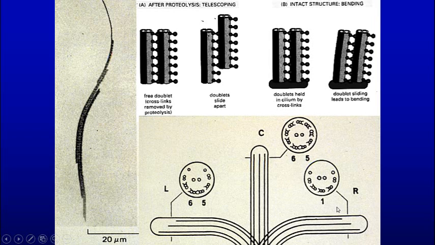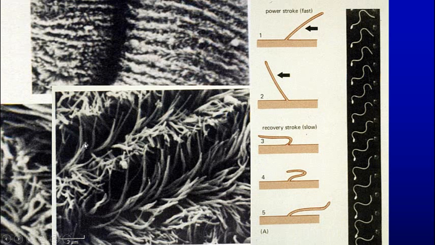Whenever scientists first observed that, they came up with the idea that the doublets must be sliding in relation to one another. That's what happens. In fact, you can remove the membrane and provide ATP, and you can get these doublets to slide in relation to one another, and they're not confined by the cell membrane anymore. Then they'll just keep on sliding.